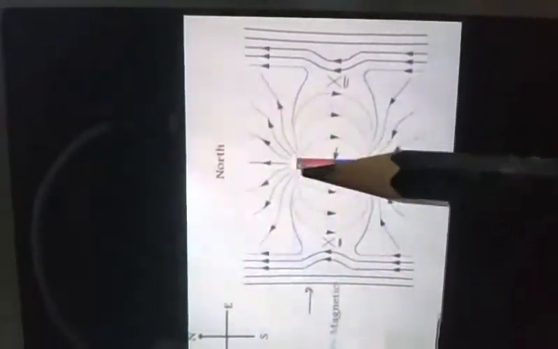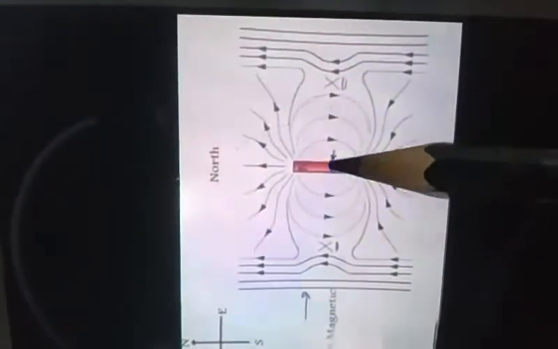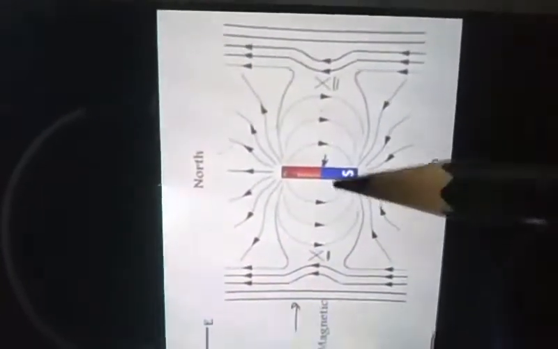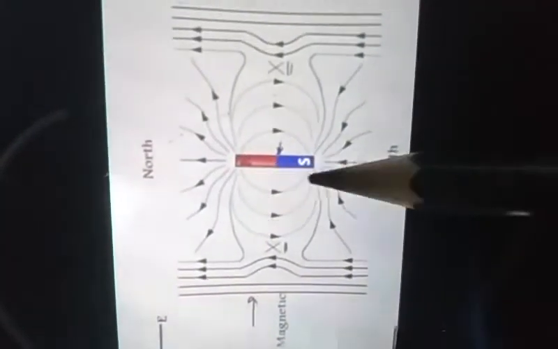Students, here is the picture. You can see a bar magnet placed above the earth surface, with its north pole towards the north direction of the earth. So what happens, students? This is the earth's magnetic field line.